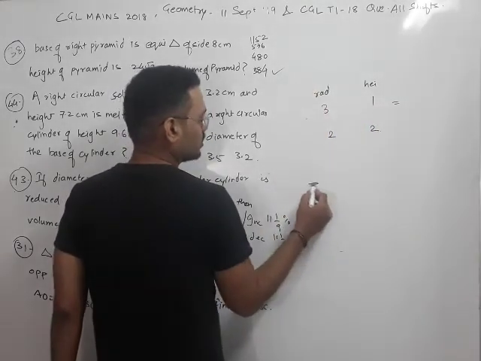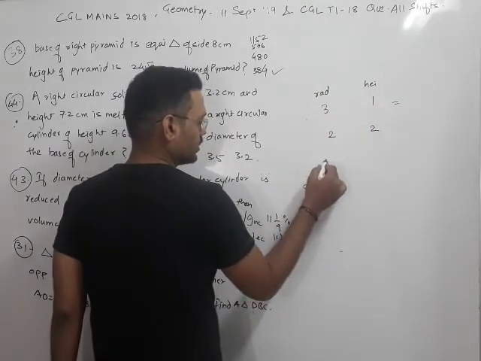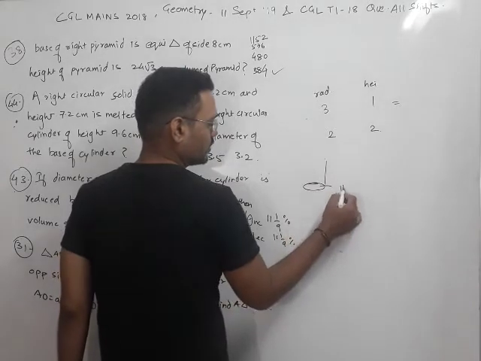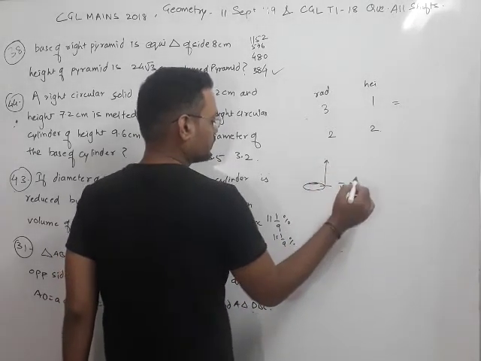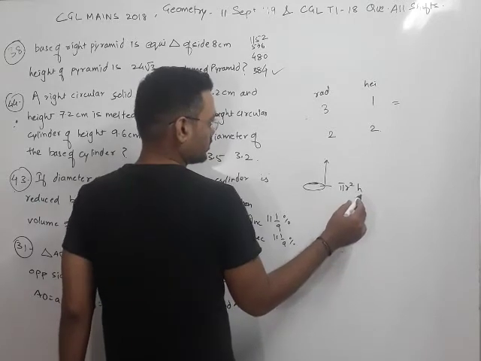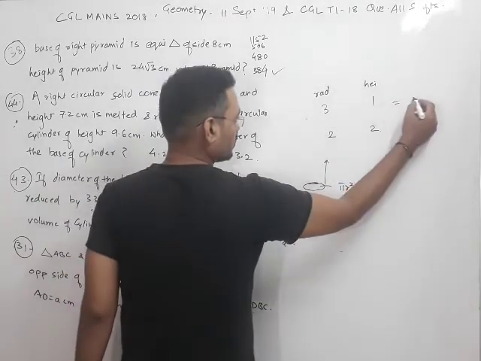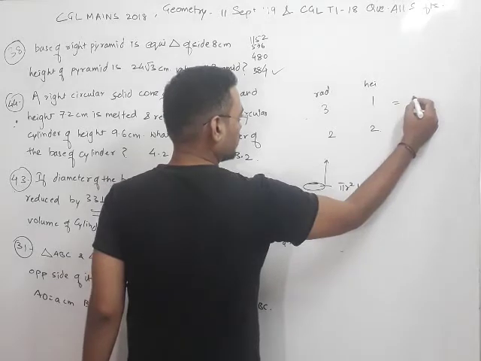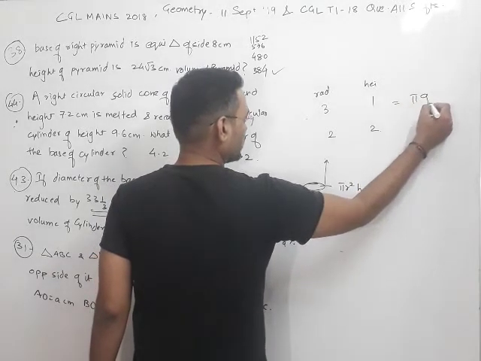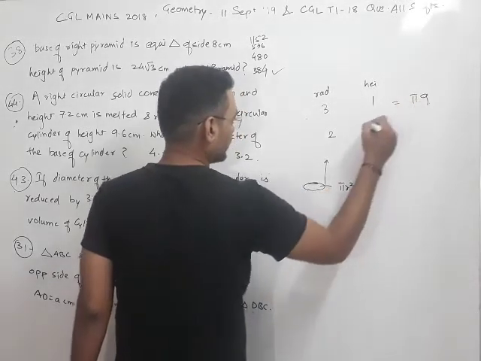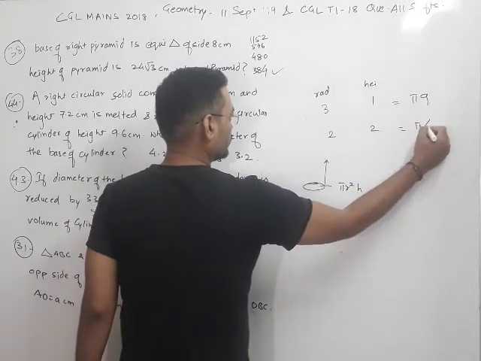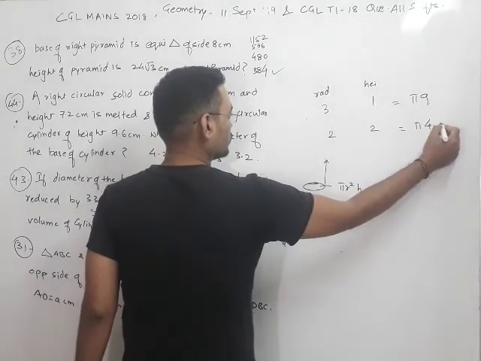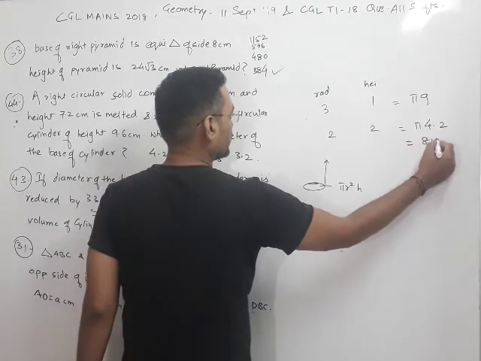Cylinder is base area into height. What is base area? Circle, which is pi r square, into height h. So pi r square h. In the first case, r is 3, so r square is 9, pi 9 into 1, so 9 pi. In the second case, pi r square is 4, h is 2, which is 8 pi.